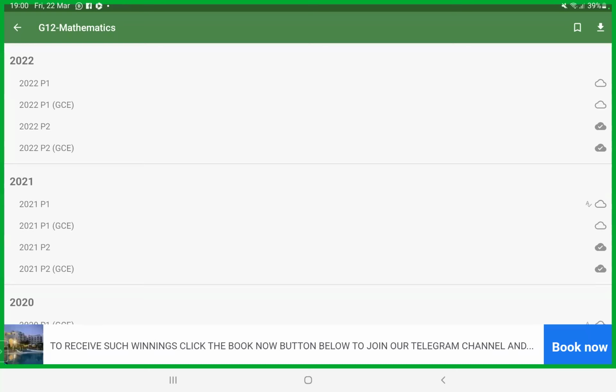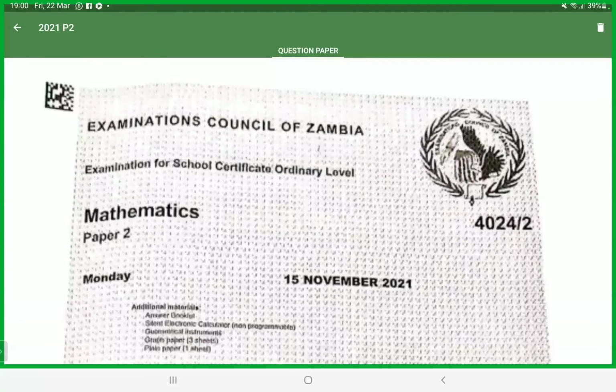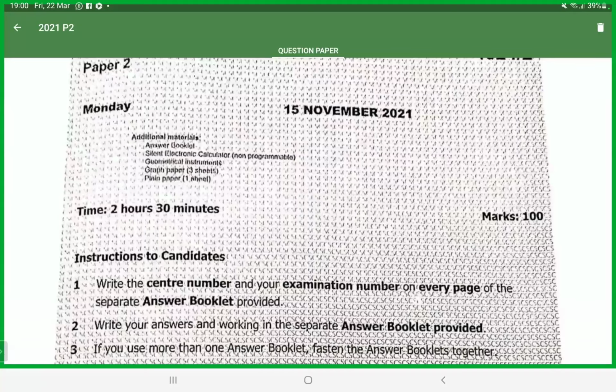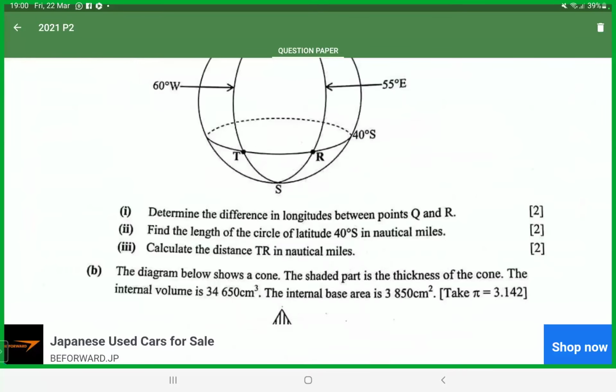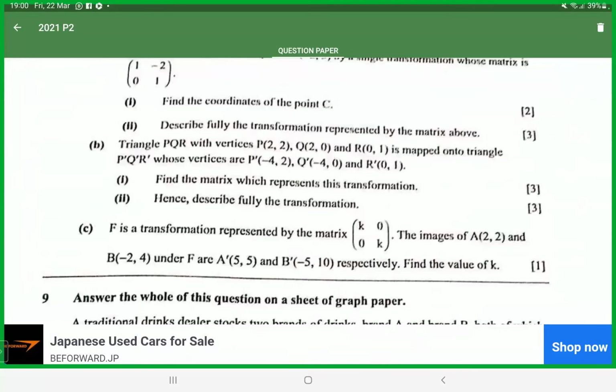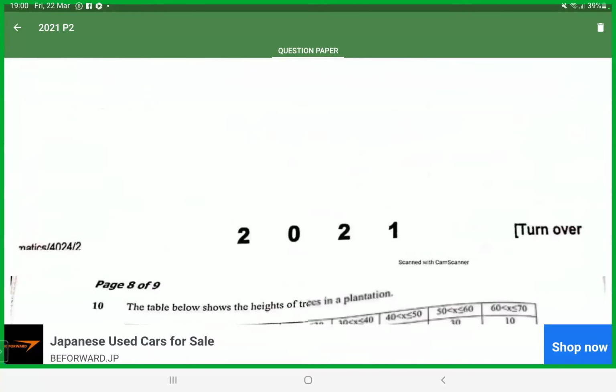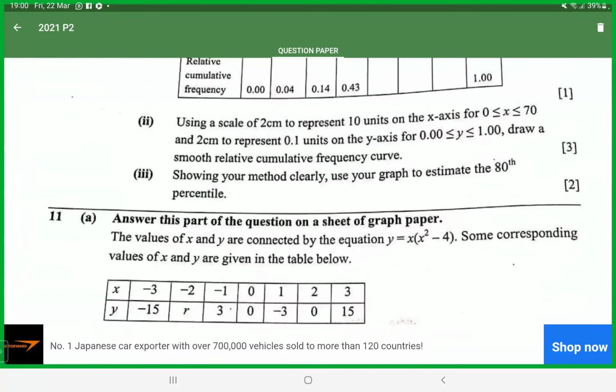These questions are there in every paper. Whichever paper you choose, you will find them. I've picked this one.